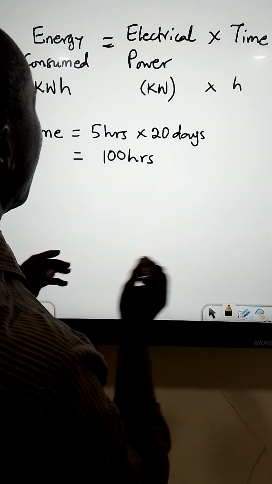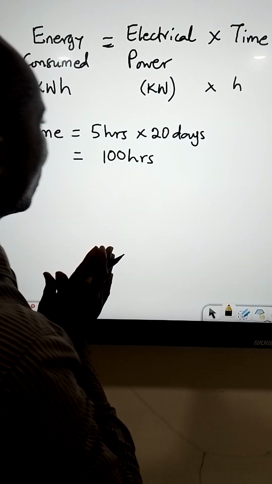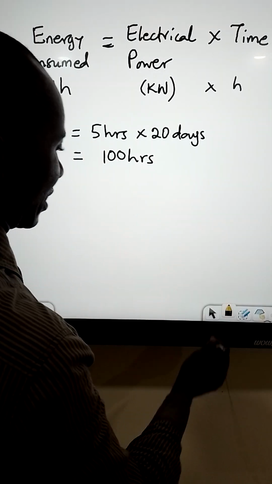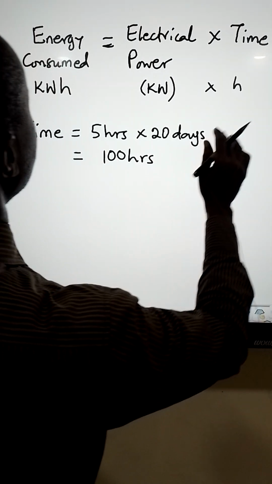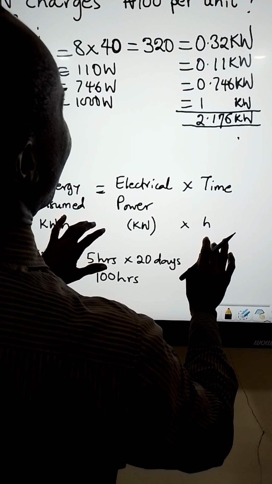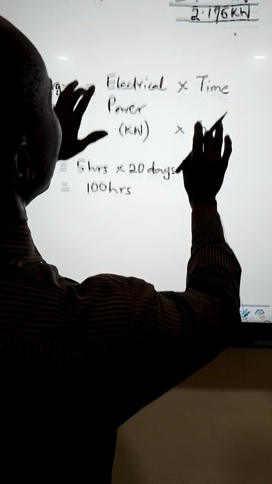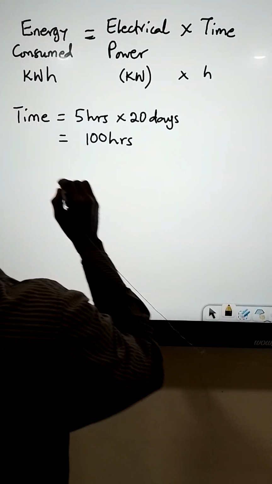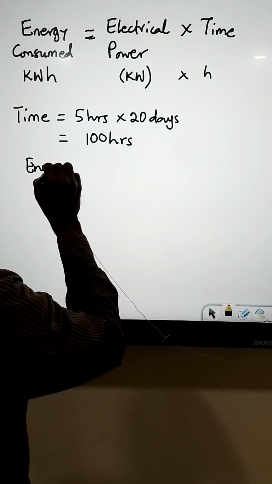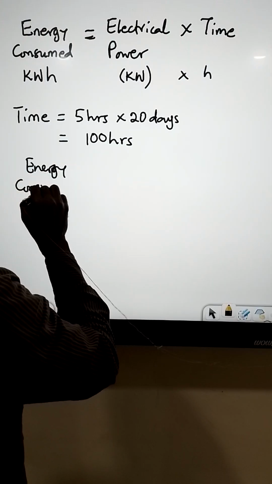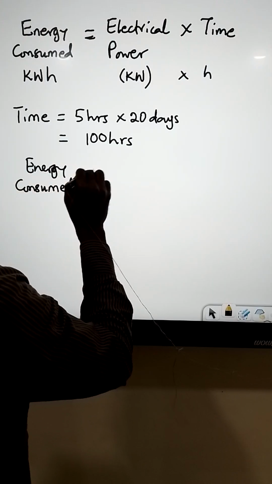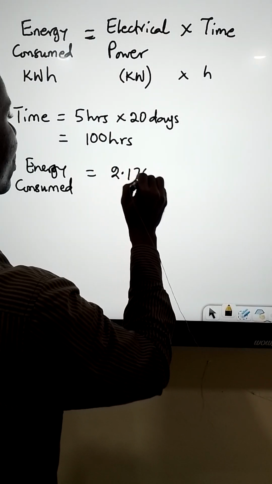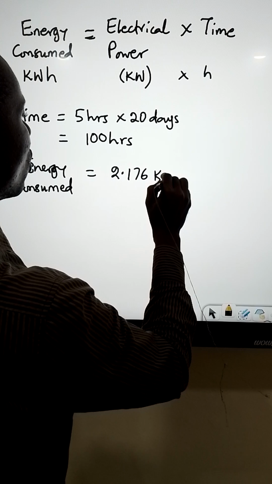Okay, so what do we do from here? We know the electrical power. We have what? Our time. So let's bring it together. What did we get in the other case? Our value was 2.176 in kilowatts. So our energy consumed is simply, what was our rating? 2.176 in kilowatts.